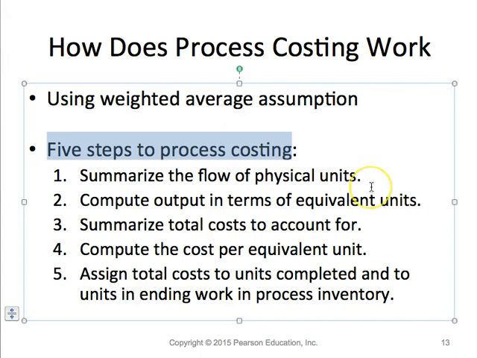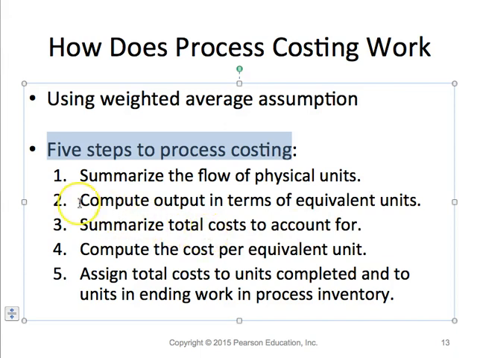And then for the direct laborers and manufacturing overhead, we need to calculate how many units are equivalent to the job that has been completed, in terms of equivalent units to account for direct labor and manufacturing overhead.